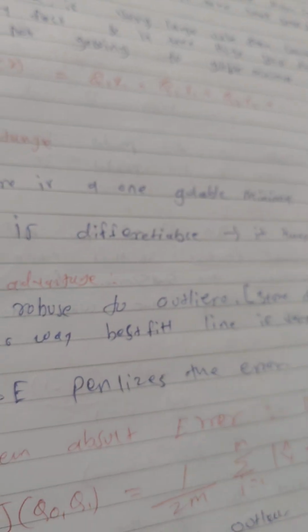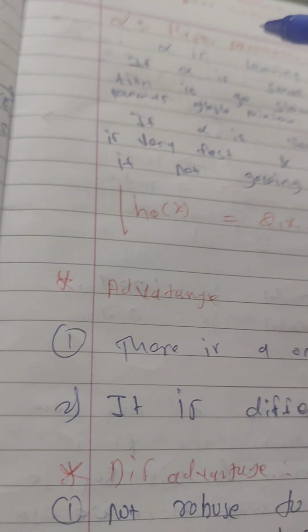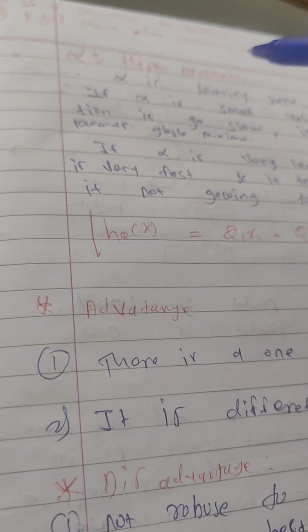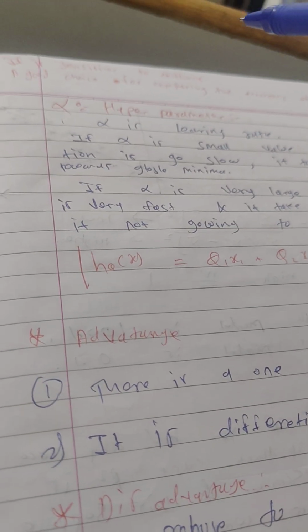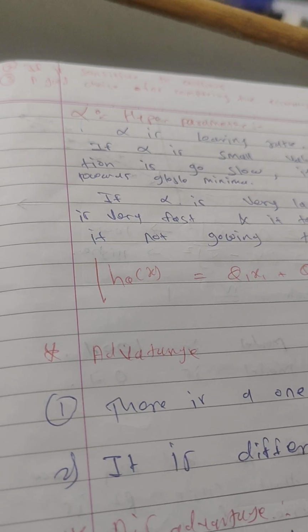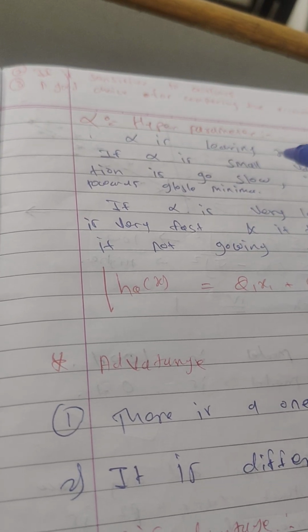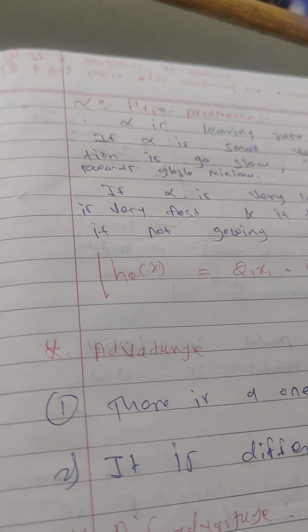Before we find out the advantages and disadvantages, you have to understand what alpha is. Alpha is a hyperparameter. Hyperparameter means we have to manually decide what value we are giving to alpha. Alpha is the learning rate, we call it the learning rate.